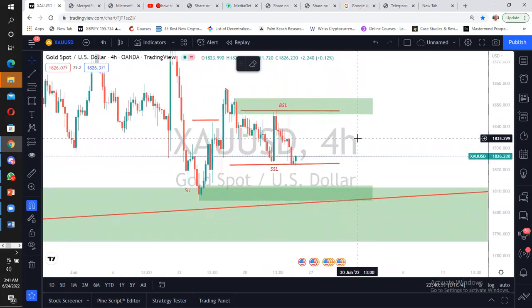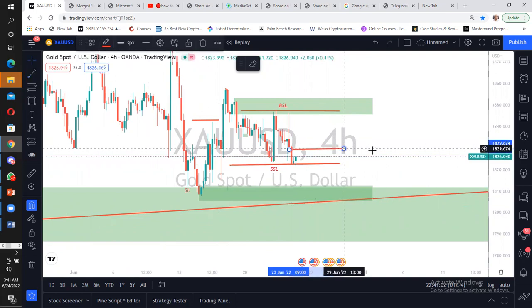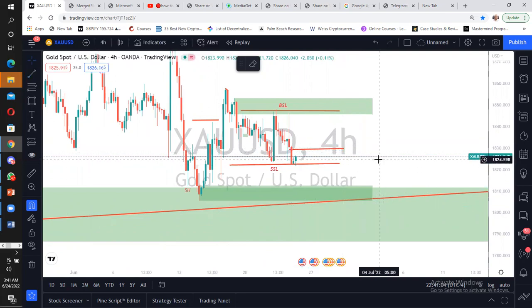Then what do we expect here? We'll have a fair value gap in here now. And here we'll have a liquidity zone here.